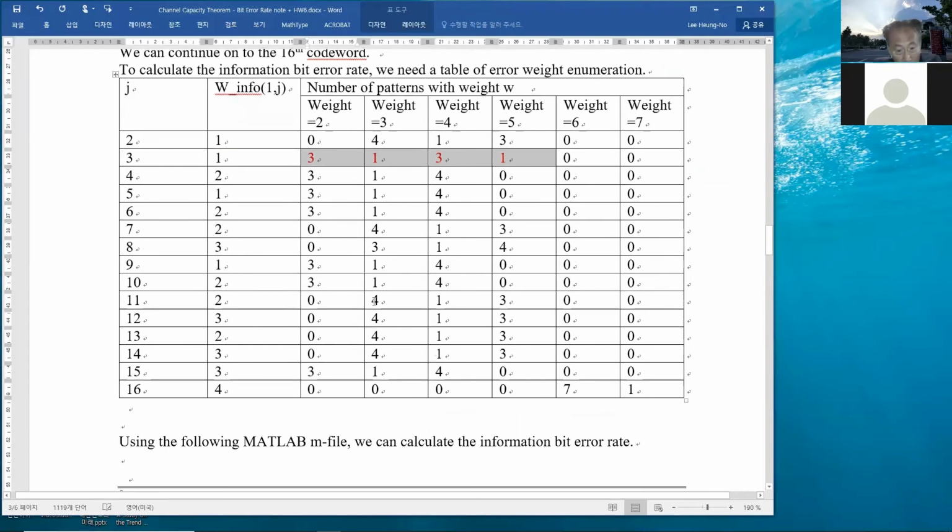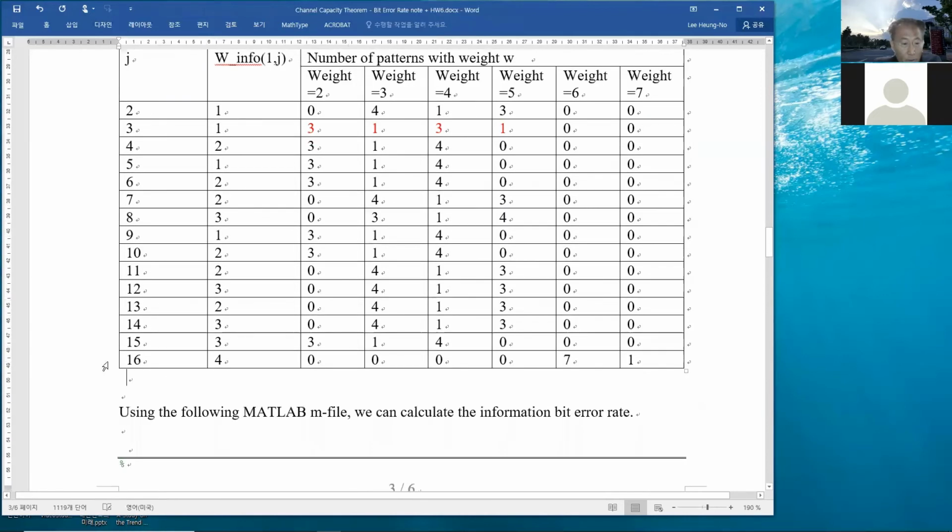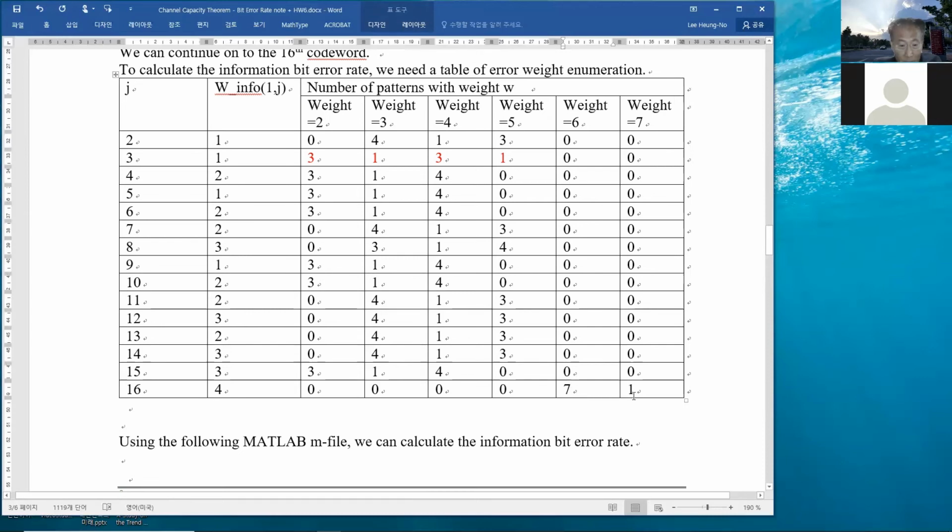And then you can go on down to the end. For the all-one code word, you have weights 6 and 7, and the number of such error patterns is 7 and 1, and so on.